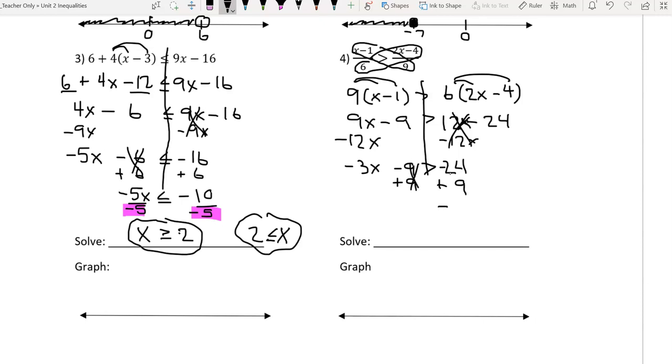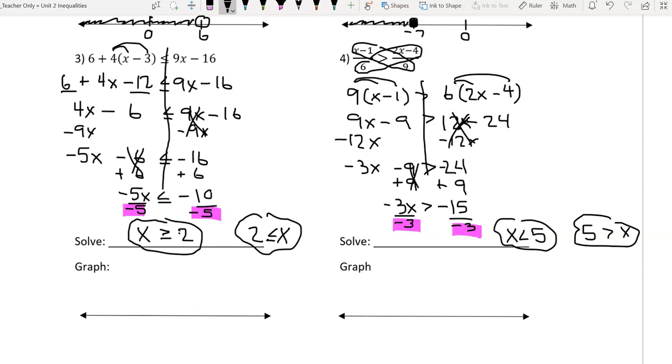That would be negative 15, so negative 3x is greater than negative 15, and our last step is to divide by negative 3. Once again, make sure you flip your sign. So one possible answer is x is less than 5, but if you left the variable on the right side, you may have gotten 5 is greater than x. Both of those are correct.